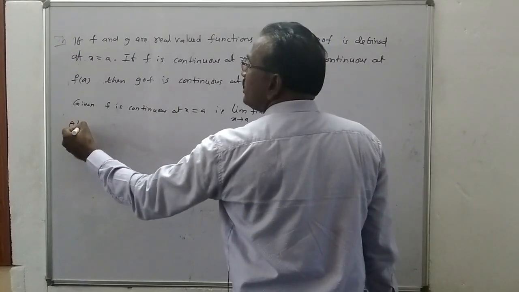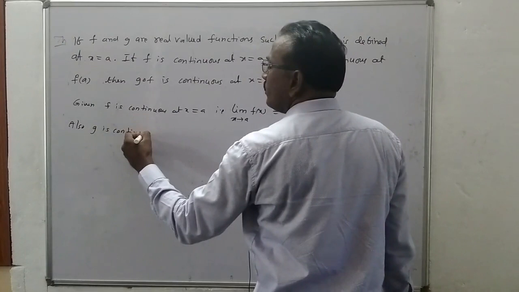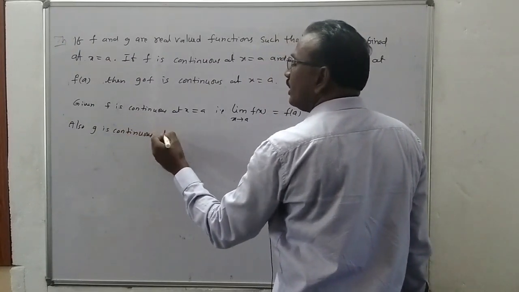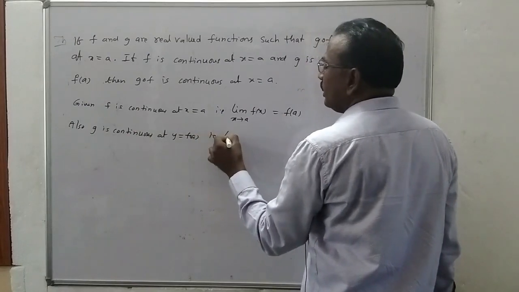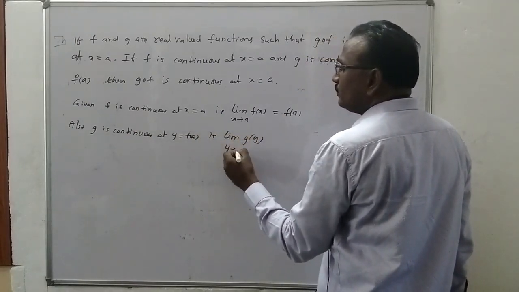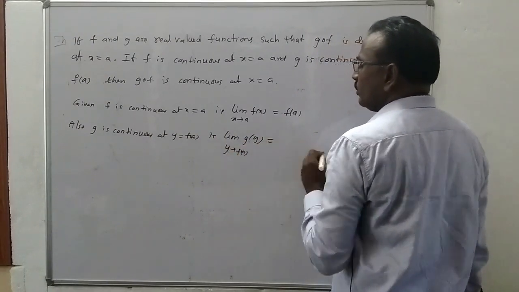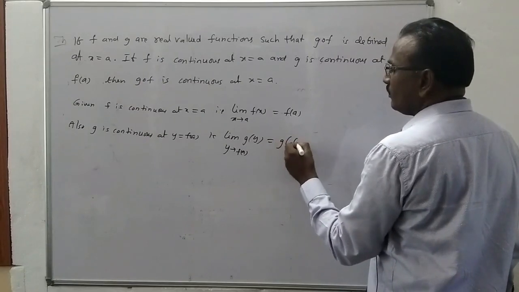Also g is continuous at y is equal to f of a, so that is limit g of y as y tends to f of a is equal to g of f of a.